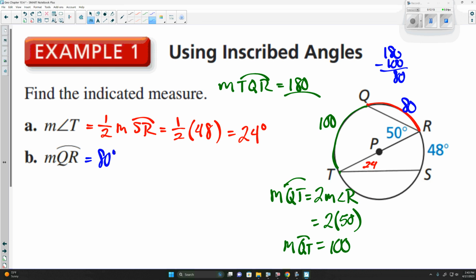Sometimes they're not going to ask specific, you're not able to use the theorem to get the specific arc, but we can work our way there. Questions on any of this here? Are you good with this here?